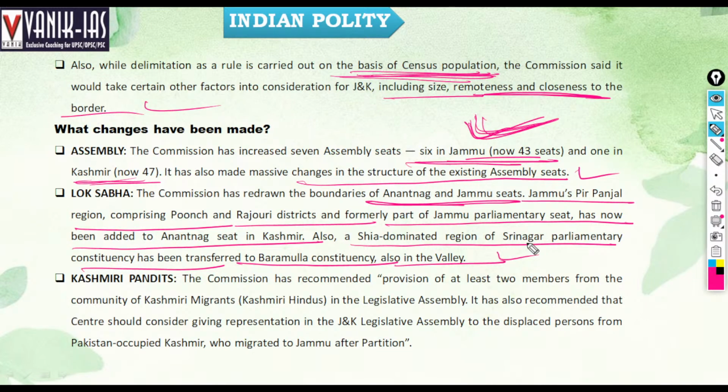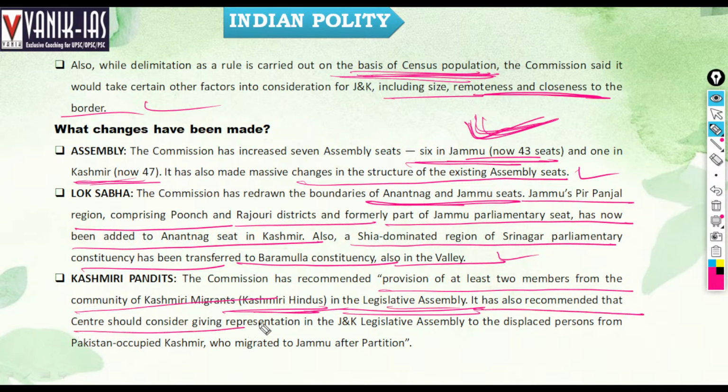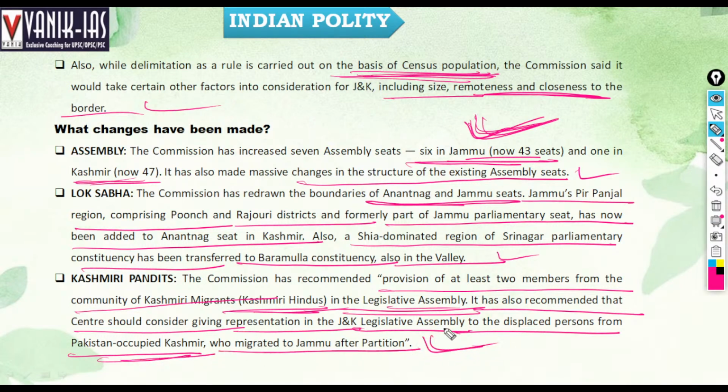On Kashmiri Pandits, the commission has recommended a provision of at least 2 members from the community of Kashmiri migrants, Kashmiri Hindus, in the Legislative Assembly. It has also recommended that the Centre should consider giving representation in the Jammu and Kashmir Legislative Assembly to the displaced persons from POK, who migrated to Jammu after partition.